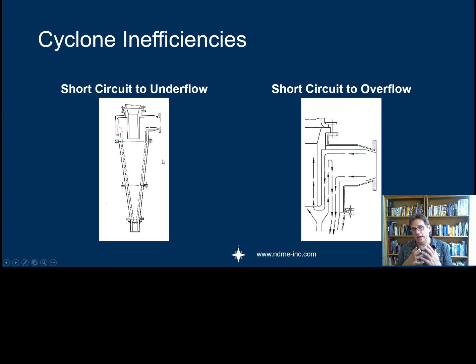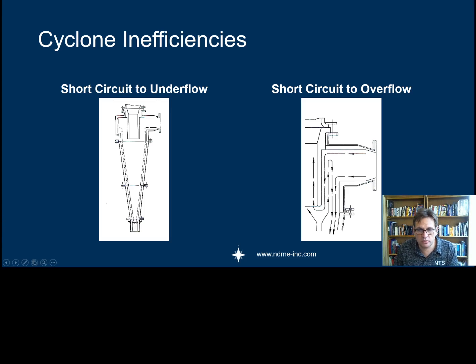That's also why it's often not a good idea to run a cyclone at excessively high RDs, because then you have too many particles. Your small particles get trapped in the crowd, if I can put it that way, and they literally can't get into the central air core to be sucked up. Then you have a lot of the fine particles going to where the coarse particles are, so that affects your separation efficiency.